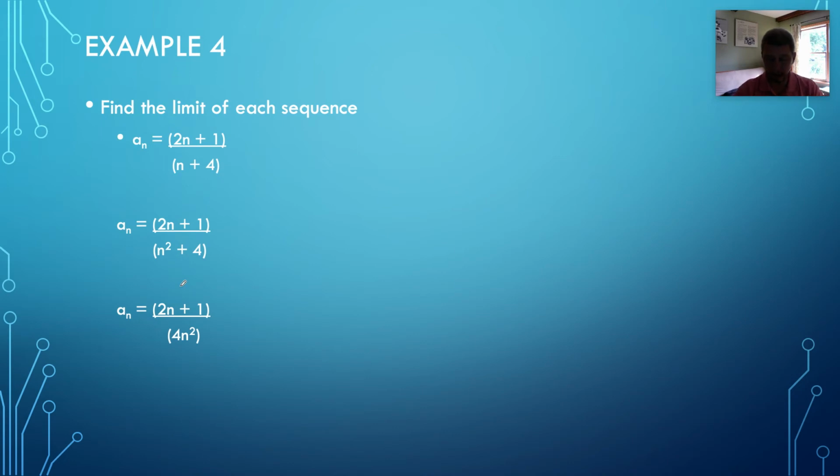Now, in this particular case, you're going to do similar things to what we did earlier, but you're going to have to look at the denominators, and notice that the denominators vary for each of these 3 terms. The numerators are all the same, okay? So for each of these 3 terms, let's actually try to find the limit as n approaches infinity.